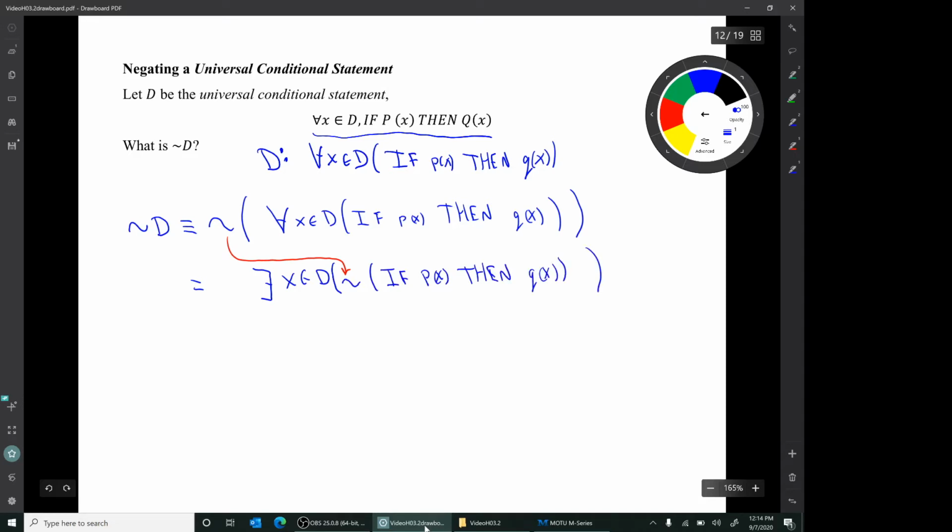So you see, we've turned that universal statement into an existential statement: there exists an x in the domain such that not if p of x, then q of x. But we should clean this up, because what do you mean, not if p of x, then q of x? Well, here we have to use the fact that when you negate a conditional statement, the result is a new statement that's an and statement.